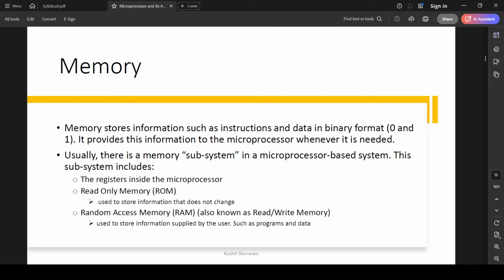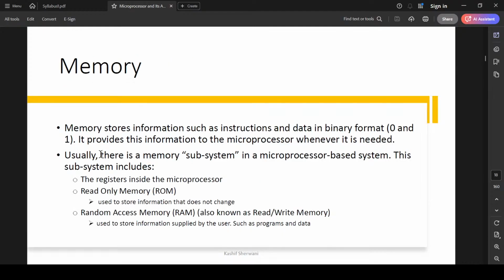Okay, so the memory. Memory stores information such as instructions and data in binary format, and it gives the microprocessor the data whenever it needs.